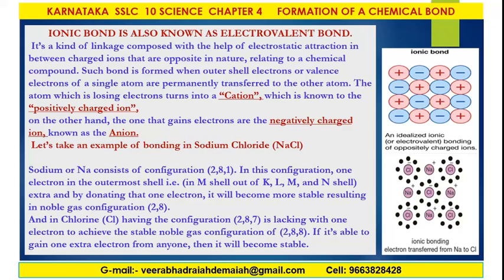And chlorine, having the configuration 2,8,7, is lacking one electron to achieve the stable noble gas configuration 2,8,8. If it is able to gain one electron from anyone, then it will become stable.